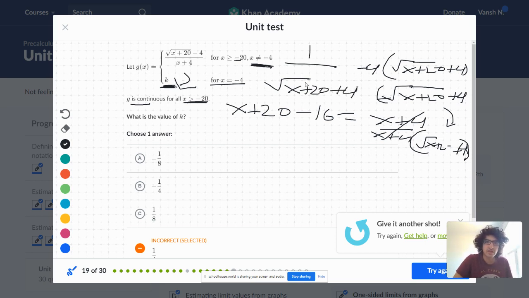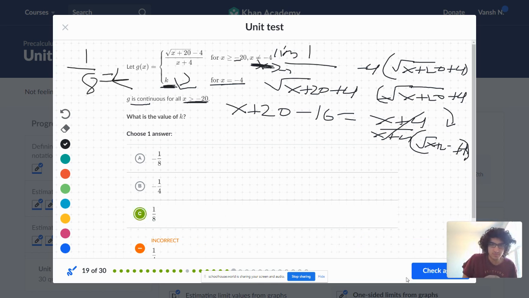Okay, and then we're plugging in x equals -4. So the limit as x goes to -4 is 1 over the square root of -4 plus 20, plus 4, which is 1 over 8. So 1 over 8 equals k. Let's see if that's right.